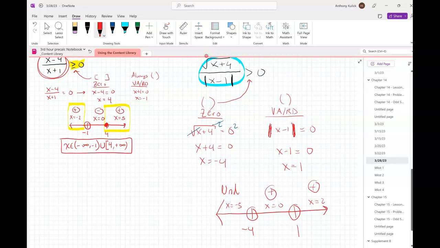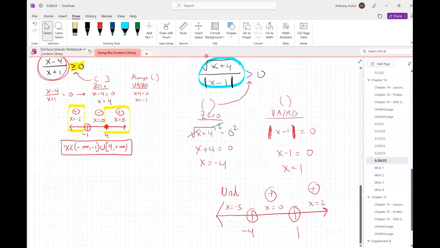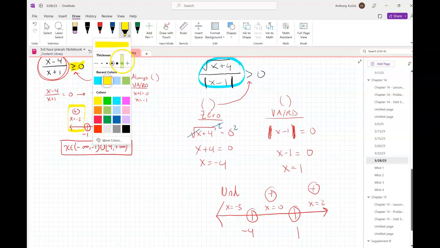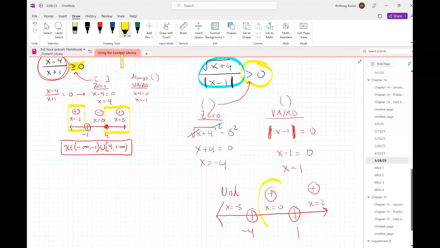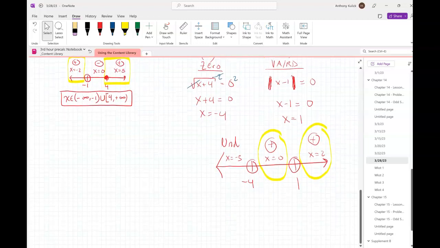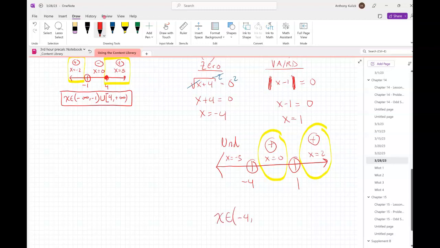So there's that. And since we care about greater than 0, we want this section and this section, but there needs to be a gap in there at 1. So we'd write -4 to 1 union 1 to positive infinity.